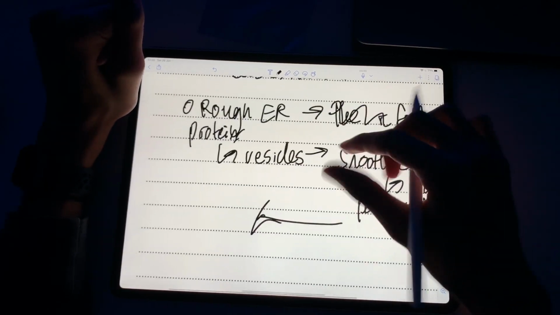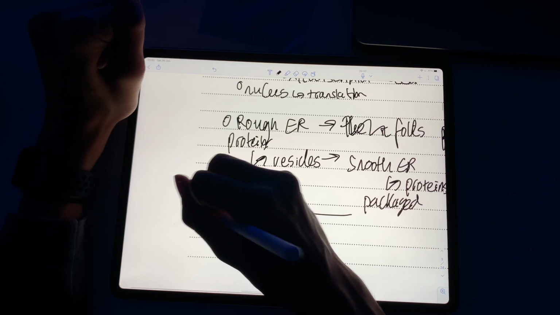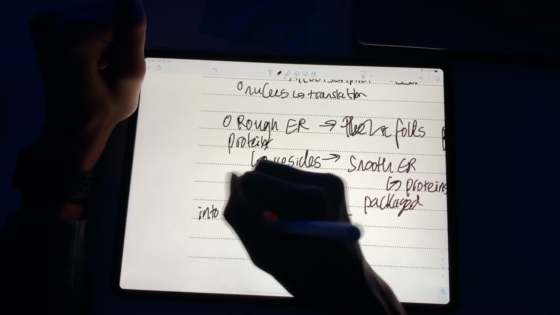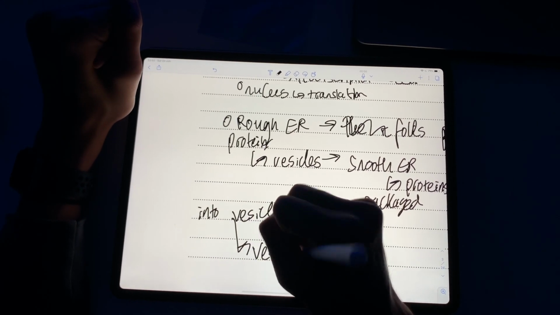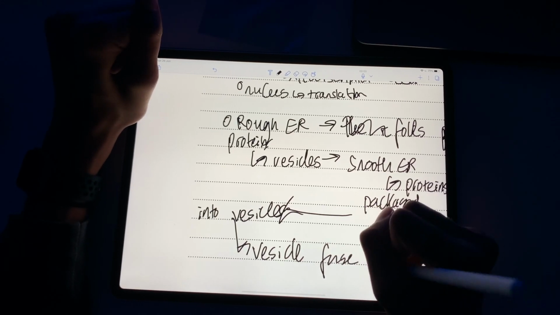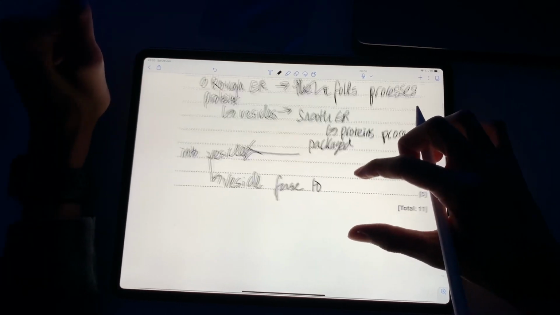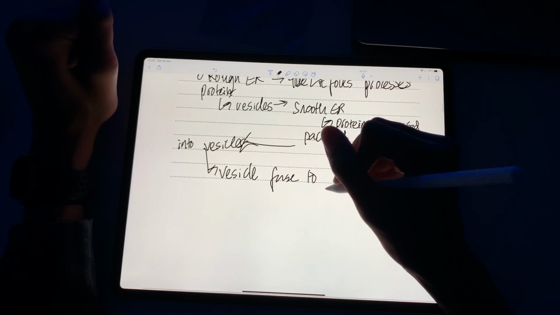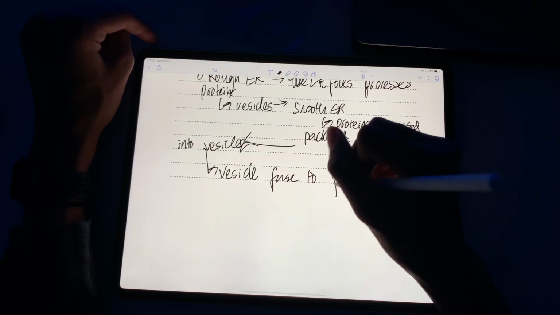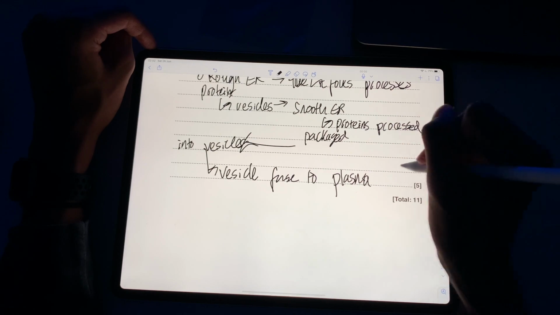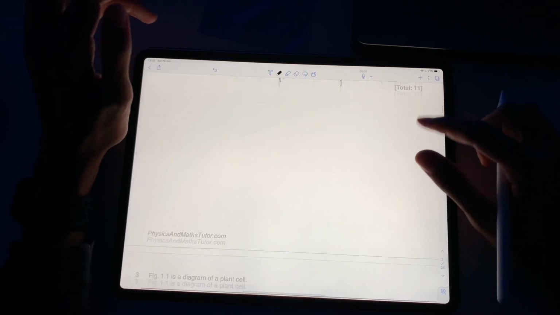Then they move into vesicles. Then the vesicles, I think they fuse to the, what's it called, cell membrane. No, not cell membrane. What's the word, is it plasma membrane? Hopefully it is. Hopefully I got three marks there.